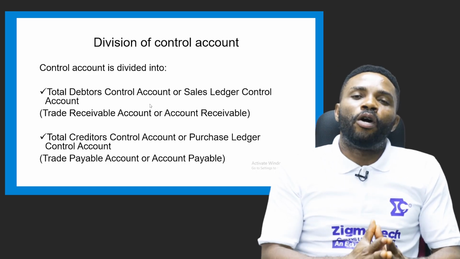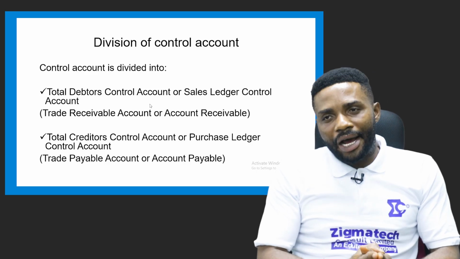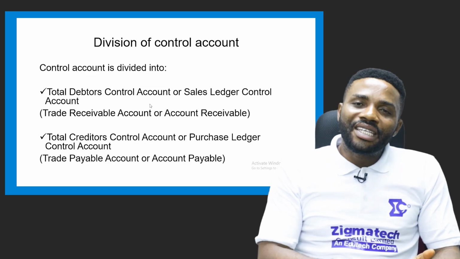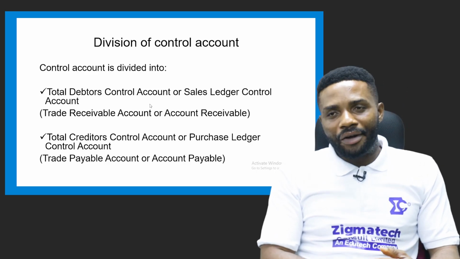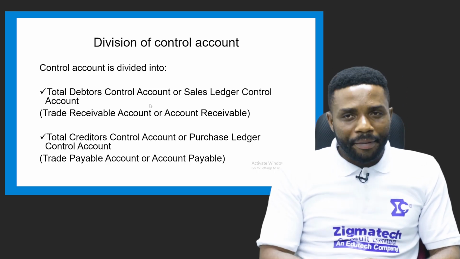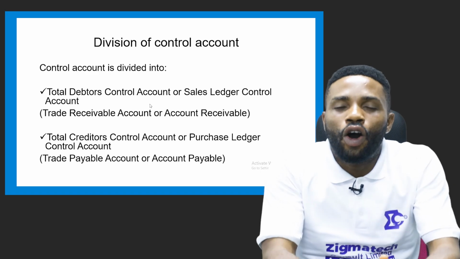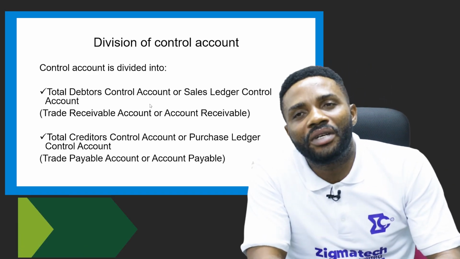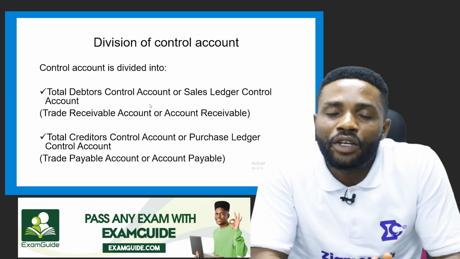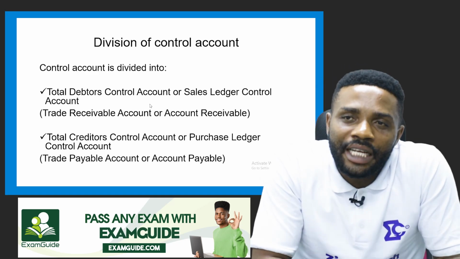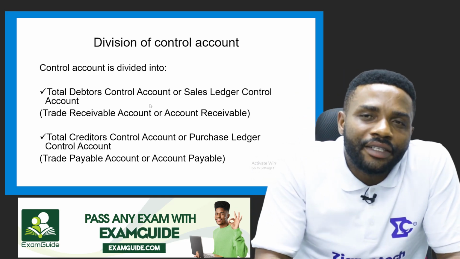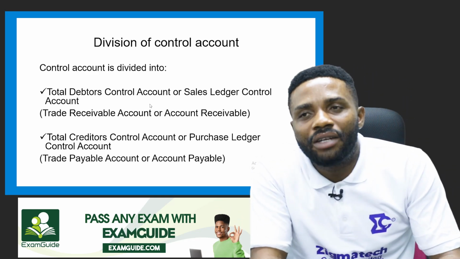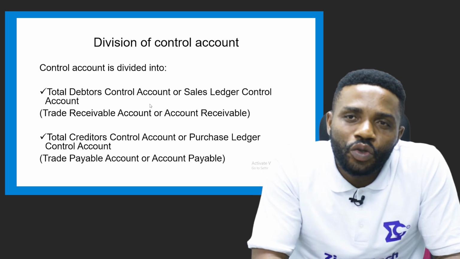And then for total creditors control account, you can call it purchase ledger control account, trade payable account, or account payable. So however the author of any accounting related textbook decides to call it, whether it is total debtors control account, sales ledger control account, trade receivable account, or account receivable, students shouldn't be confused.